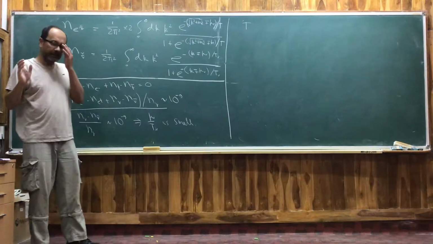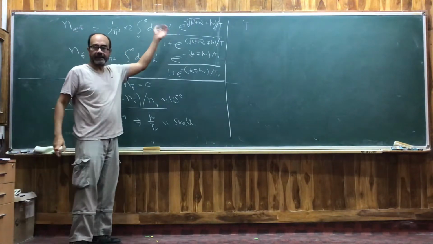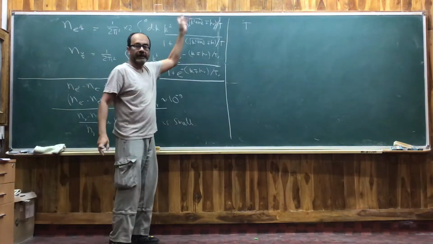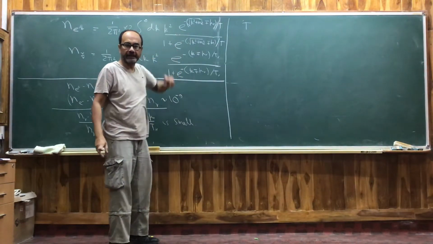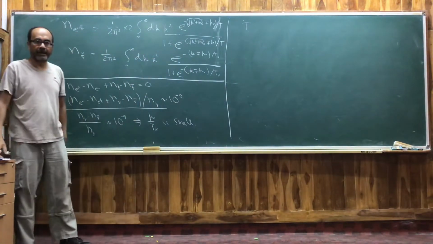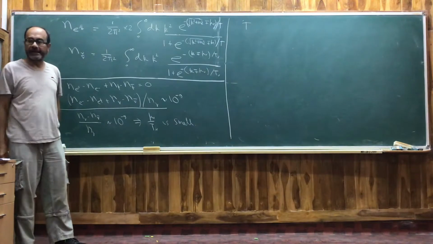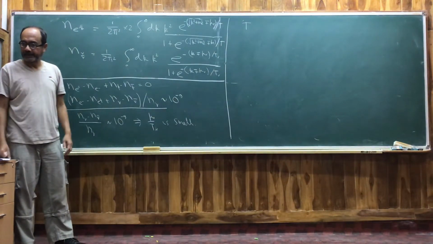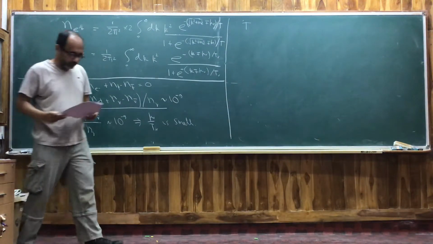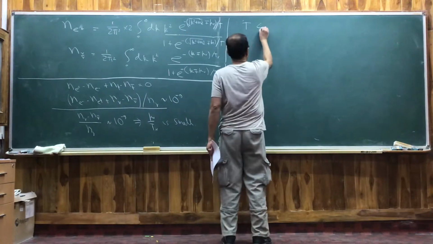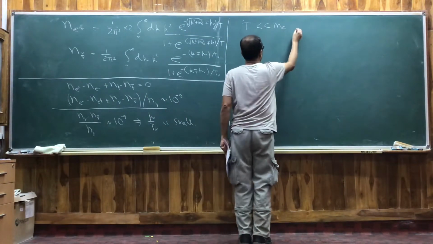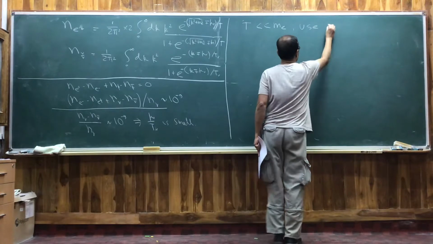For t larger than m_e, it's relativistic. So mu over t has to remain small, in order that (N_e minus minus N_e plus) over n_gamma is small. So t much less than m_e is the region we are considering. So when t is small compared to m_e, we use the non-relativistic approximation.